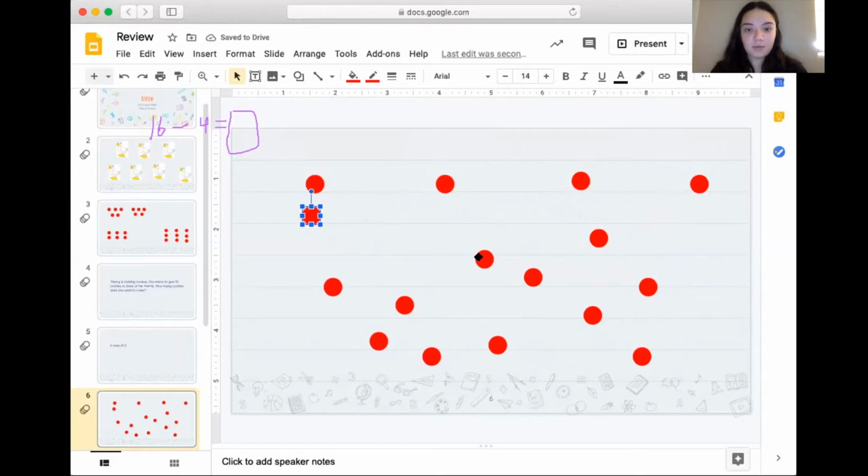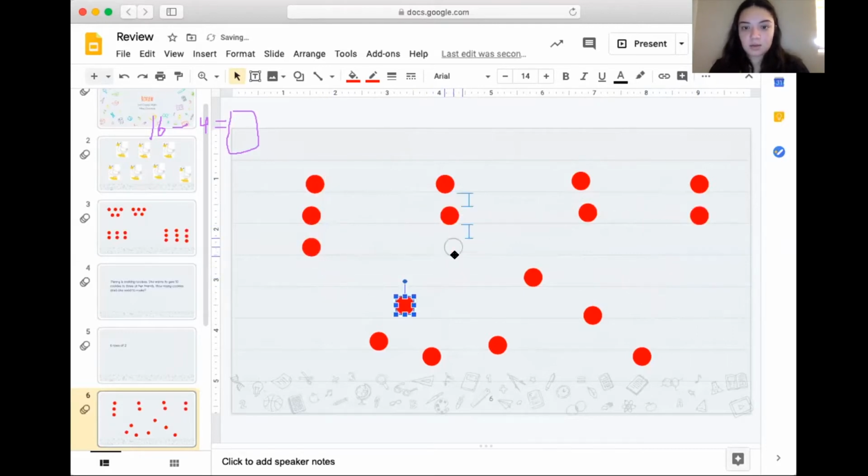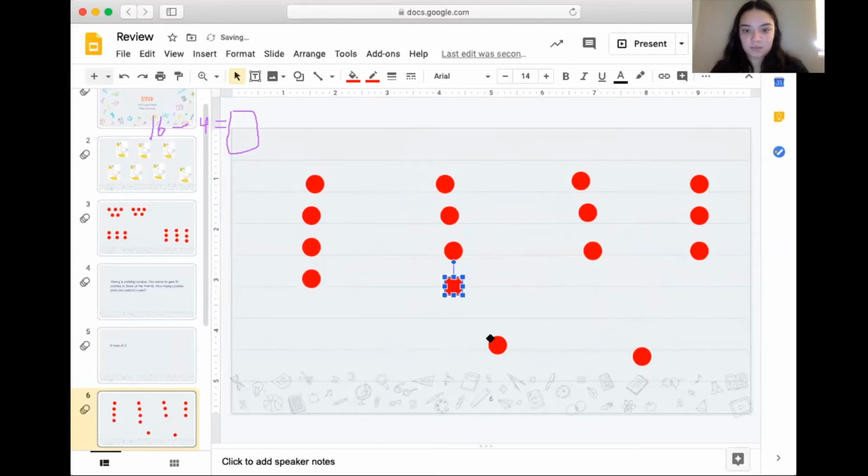This is number 5, 6, 7, 8, 9, 10, 11, 12, 13, 14, 15, and 16. So what I did is I took all 16 circles. I knew I wanted them in 4 equal groups, and I just separated them until I had no more left.